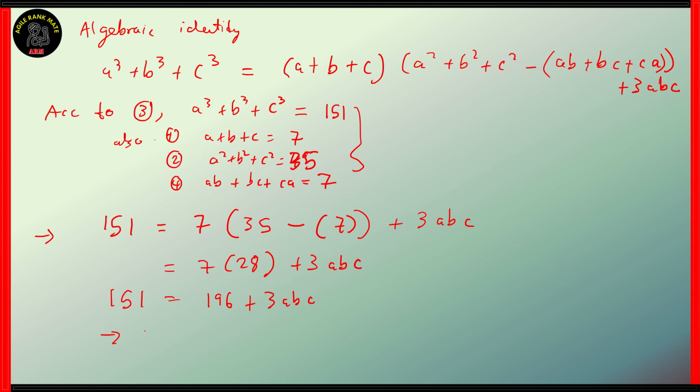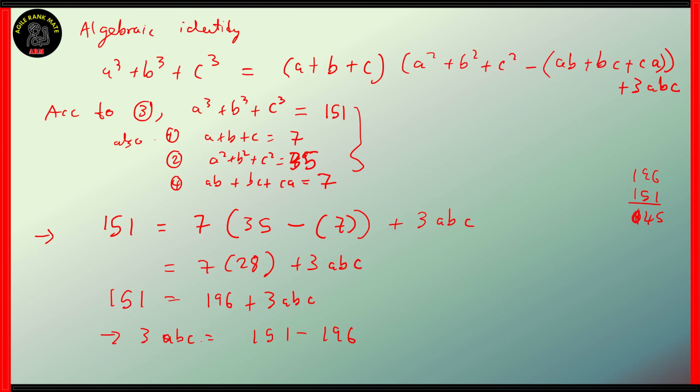So basically, 3abc is now equal to 151 minus 196. So if you do the subtraction of 196 and 151, you get 45.